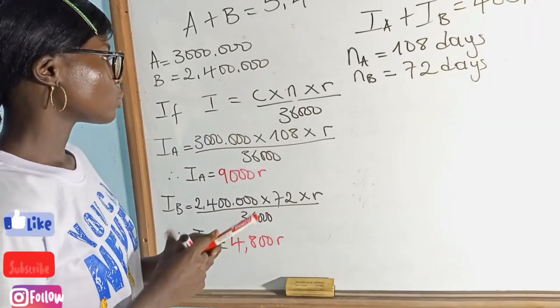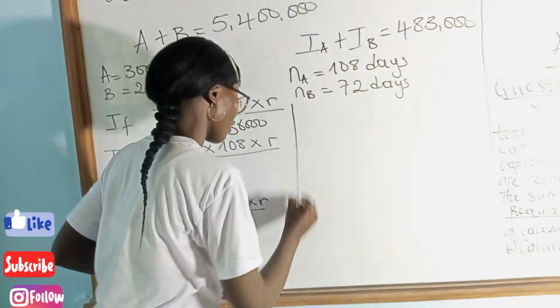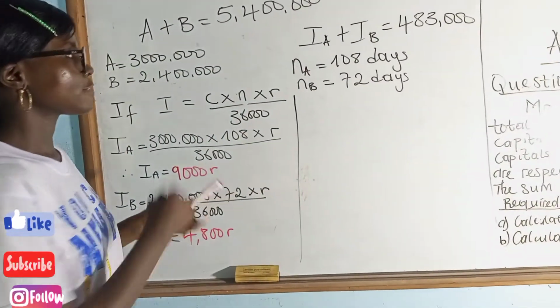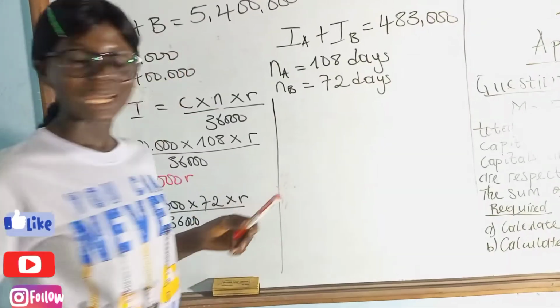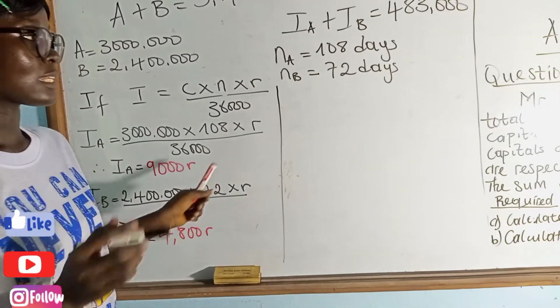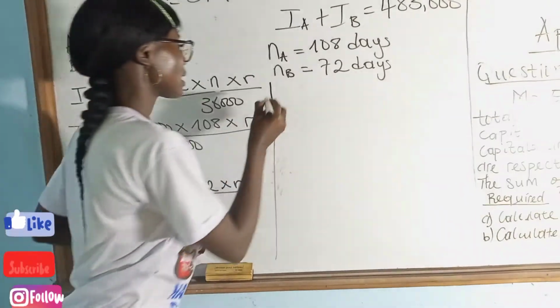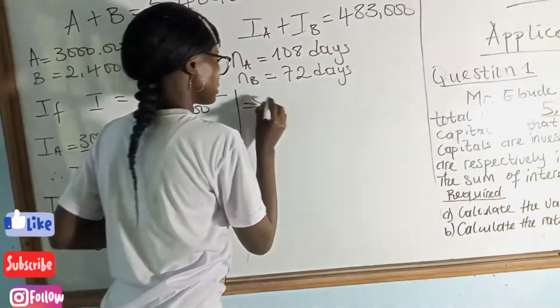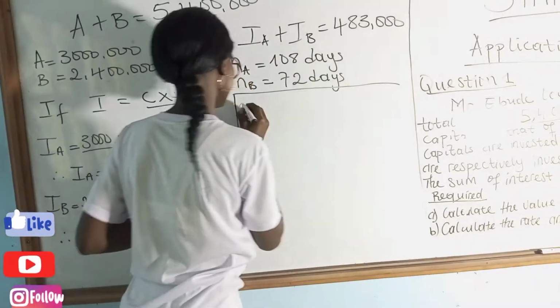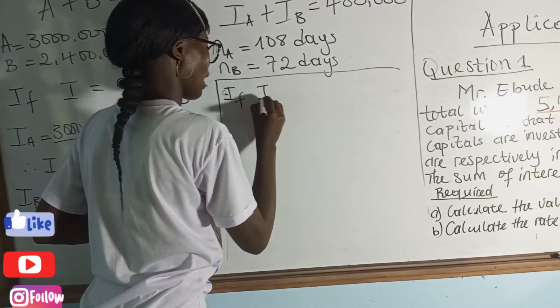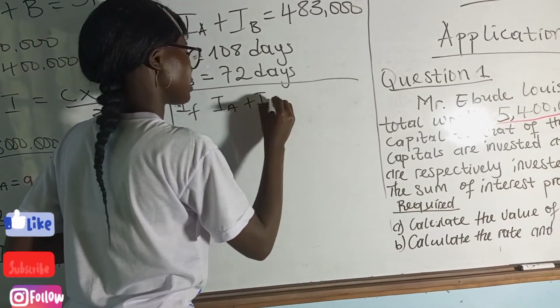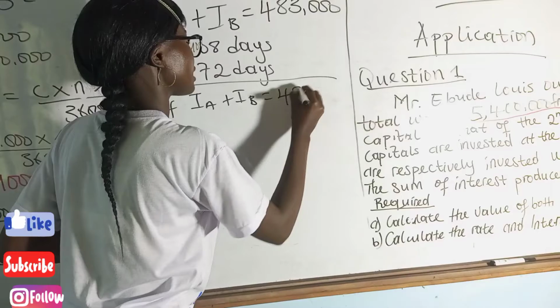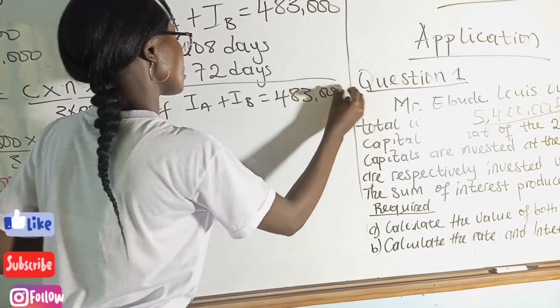But we were told that the sum of the interest is 483,000. Let us say IA plus IB is equal to 483,000.